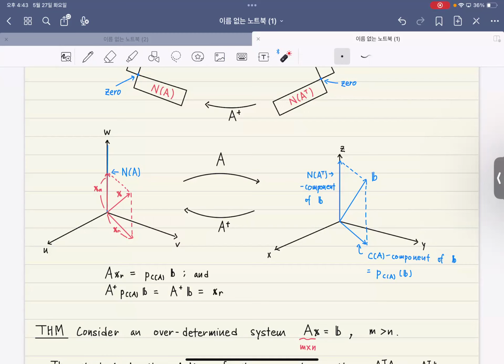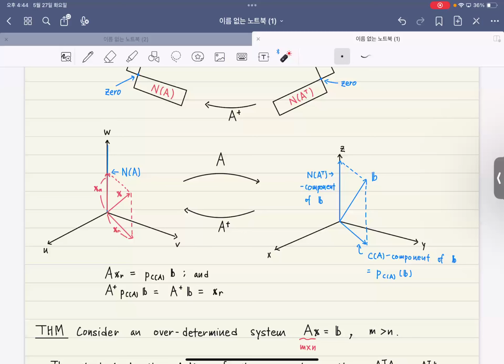But what if I apply A plus, the pseudo inverse, to this vector? First you have to notice that B can be written as the left null space component and the column space component. Under the pseudo inverse, this component is mapped to 0, and this component will be mapped to this point, because A plus is precisely the inverse of A for this row space and column space.